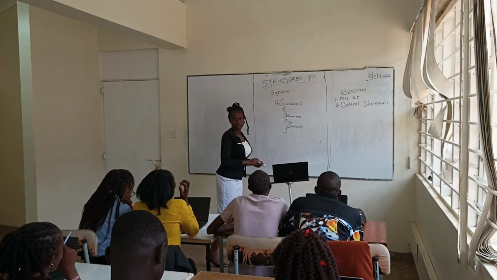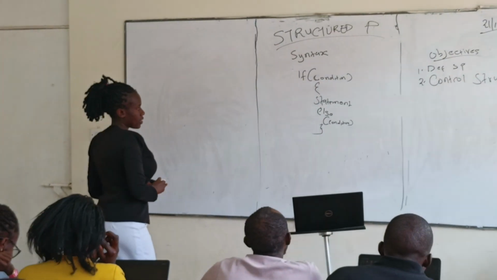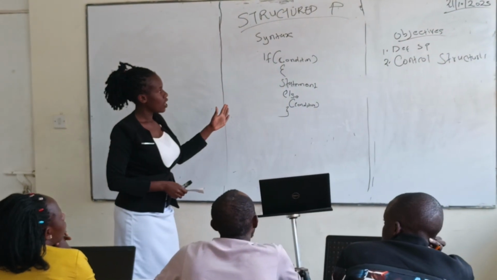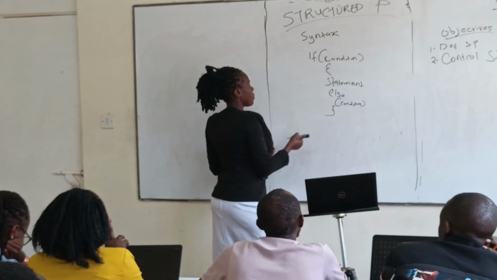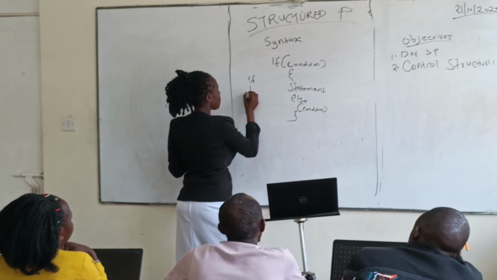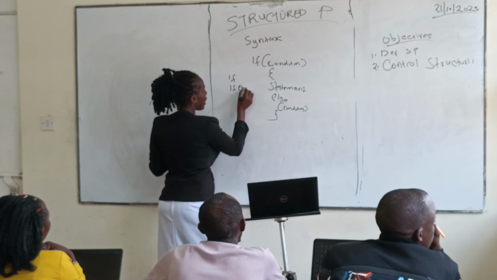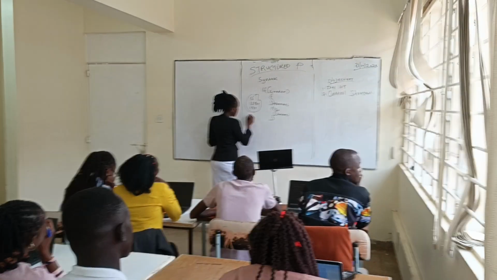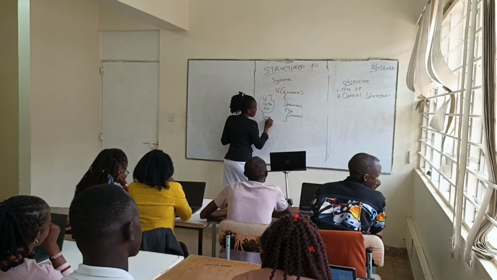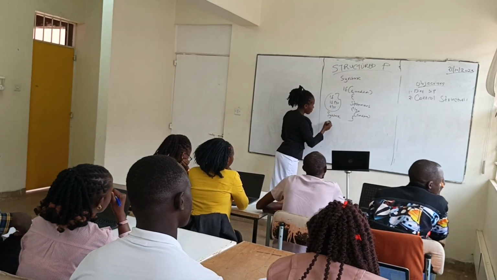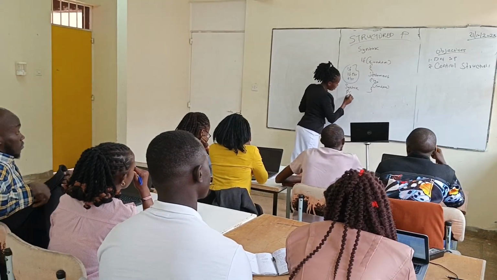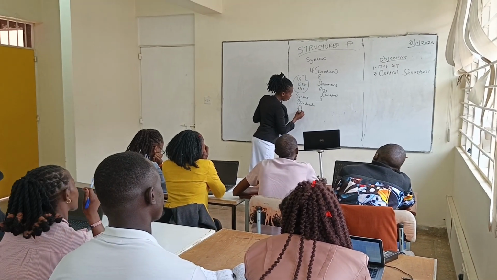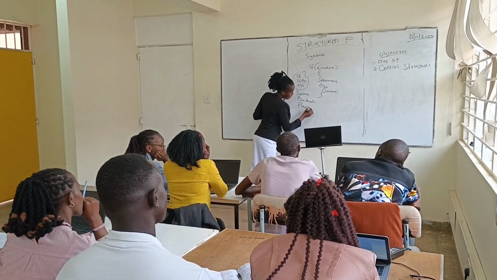Now, this is the assignment. We've only mentioned the syntax. In each of the three, that is if, if else, and else if, the following things you are supposed to know: the syntax, the pseudocode, and the flow chart.